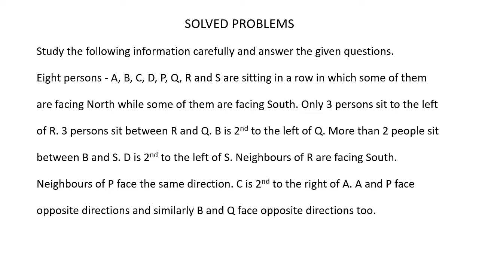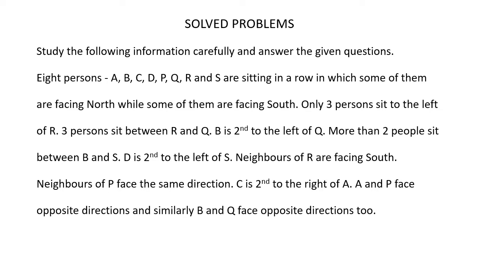Now before you start solving the problem, first draw a straight horizontal line and mark 8 positions for these 8 persons. Then look for any direct information in the given statements to mark the position of the persons.